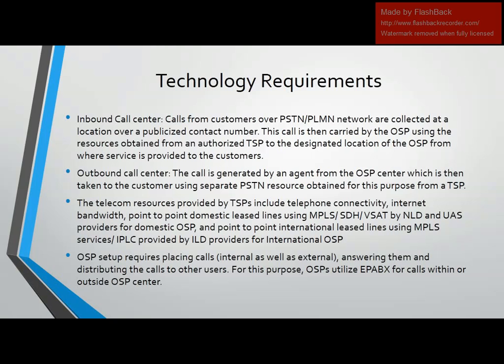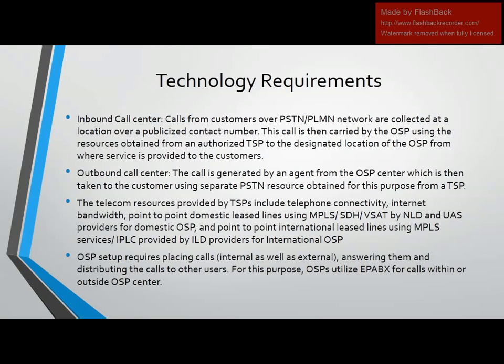Calls from customers over PSTN or PLMN network are collected at a location over a publicized contact number. This call is then carried by the OSP using the resources obtained from an authorized TSP to the designated location of the OSP from where service is provided to the customers.